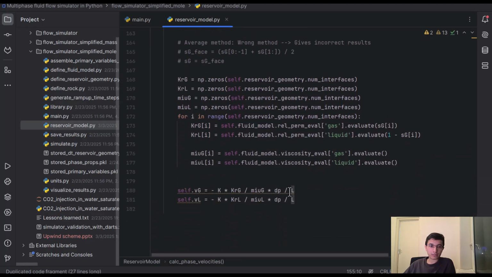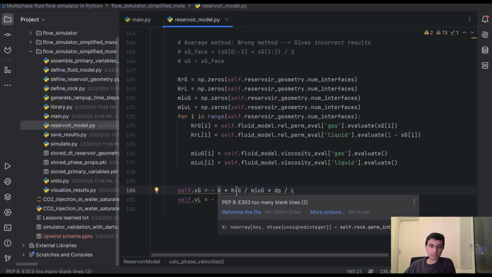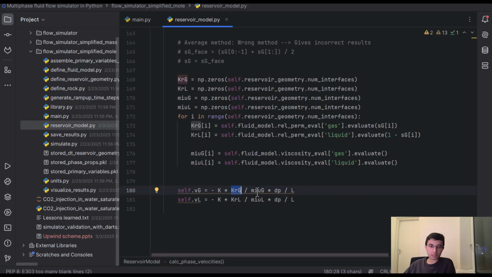And here we have a very simplified form of the Darcy's law. Absolute permeability, phase relative permeability, phase viscosity, pressure difference over L. And as you see, we have ignored the effect of gravity on the Darcy's law because our domain is horizontal.